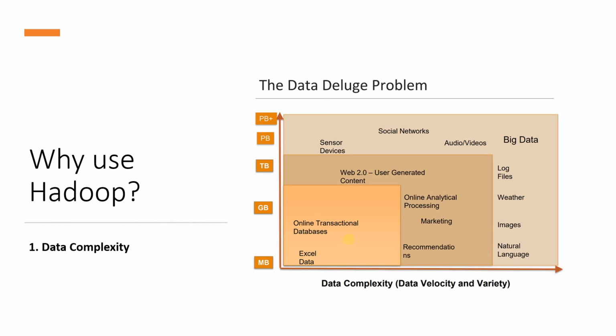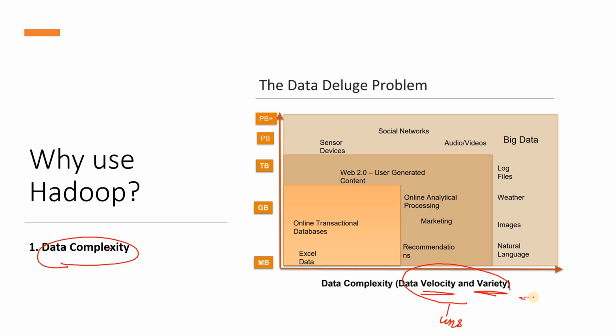Next, we will take a look at the motivation of why we use Hadoop. As mentioned earlier, we have big data, right? And big data means we are facing data complexity here. We need to handle data with a high velocity and a high variety of data. In fact, these big data usually are in unstructured form.